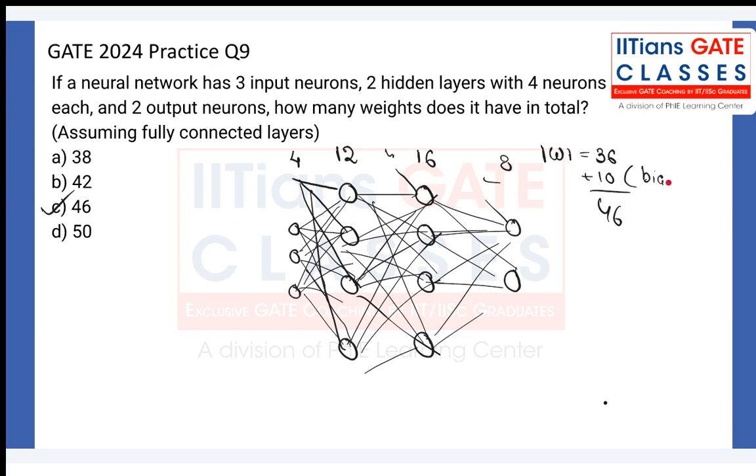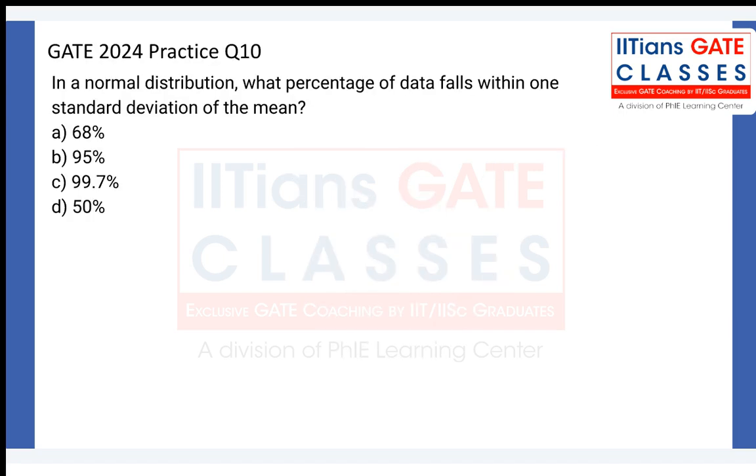Okay. Last question before we end the class is this very simple question on the normal distribution. You just need to know a property.